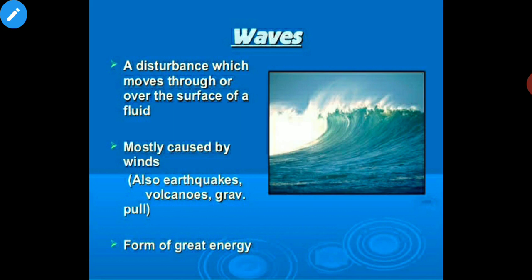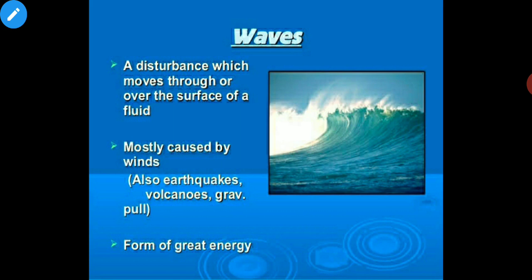The rising and falling of surface water of the ocean is called a wave. In other words, we can define it as a disturbance which moves through or over the surface of a fluid. The formation of waves is caused by the wind, which pushes the surface water upwards and downwards.